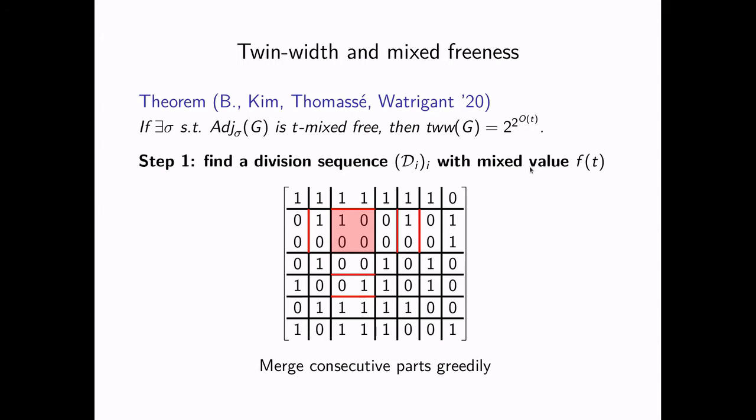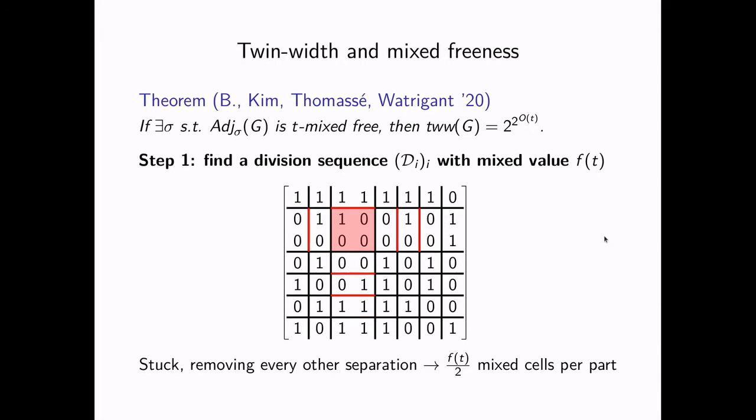What happens is that we just do a greedy procedure where whenever we can merge two parts without increasing this mixed value too much, so it doesn't exceed this bound, then we do it. And we claim that we cannot be stuck. If we're stuck, we can show that there is a large density of mixed zones.